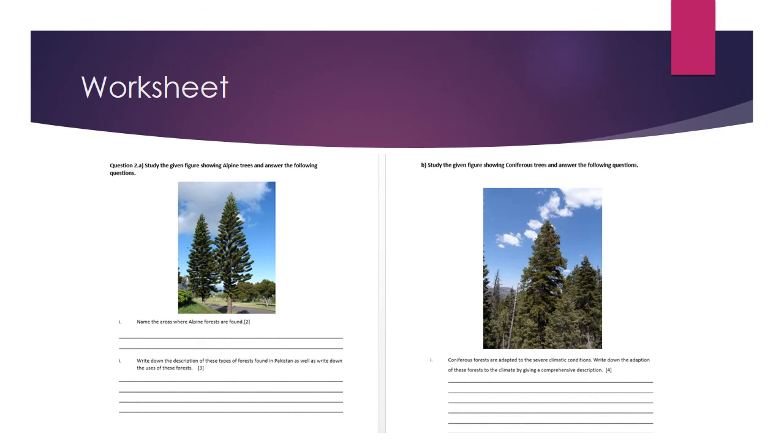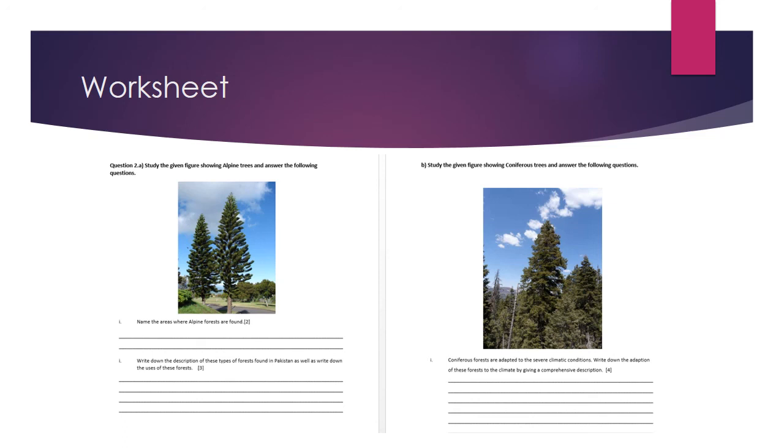Next question is write down the description of these types of forests found in Pakistan as well as write down the uses of these forests. You will mention both the description and uses, meaning importance, of these forests. Next question. Coniferous forests are adapted to the severe climatic conditions.